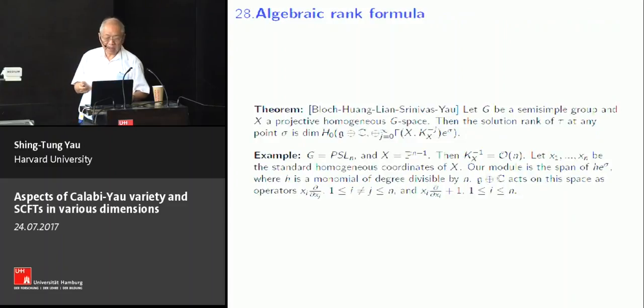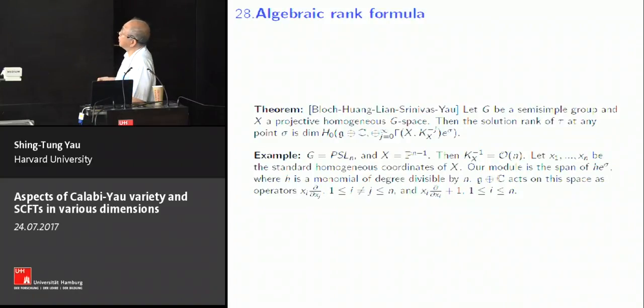And now there's an algebraic rank formula which we developed so that it can be computed by using algebra. This was developed about 4 years ago when Spencer Bloch was visiting us at Tsinghua University. And the solution rank of tau, this is the tautological system that I mentioned, at any point sigma is this dimension.